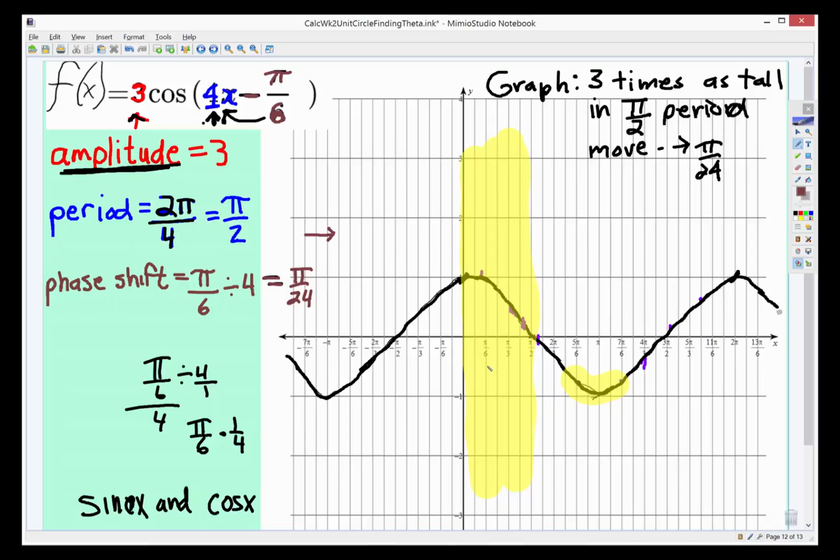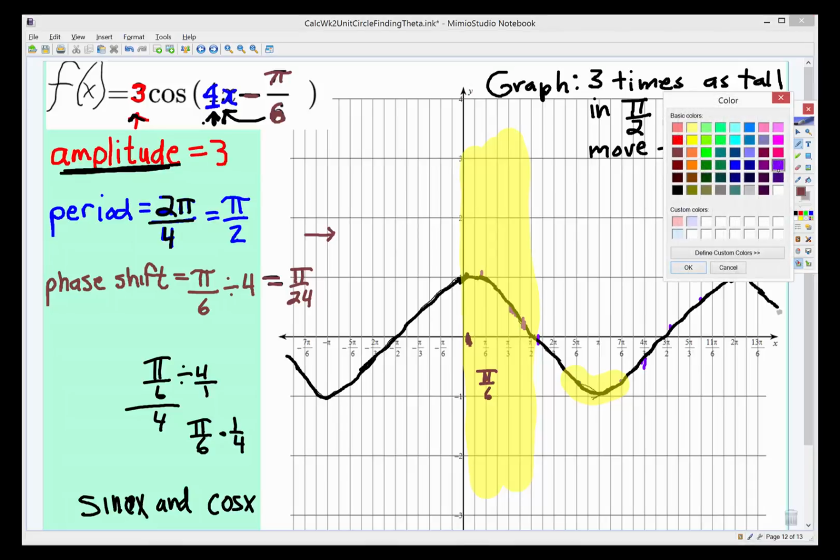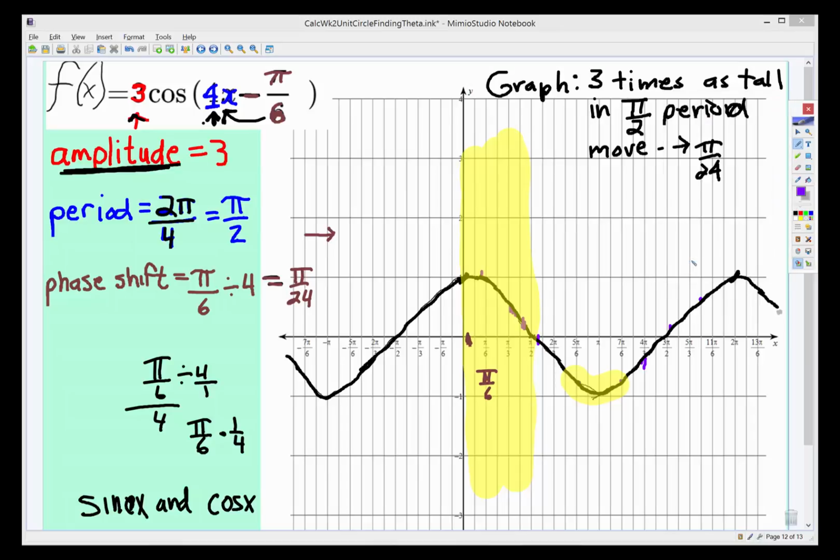Well, look at, if this is pi 6, pi 24ths is just going to be a little bit. So we have our information. We know that, and I'm going to change the new graph to a new color. We know that it's going to be 3 tall, and we know that it shifted pi 24. So right next to the 3, I'm going to shift it just a little bit, pi 24ths.